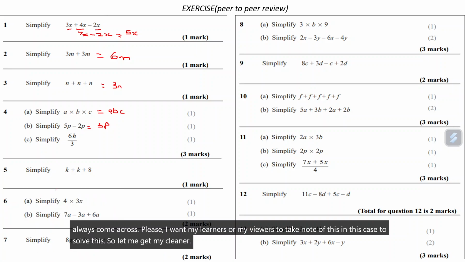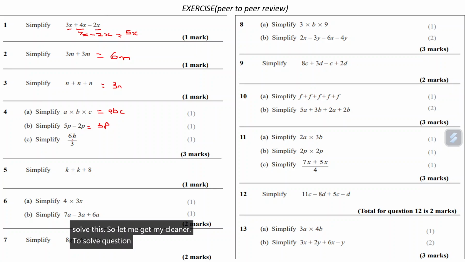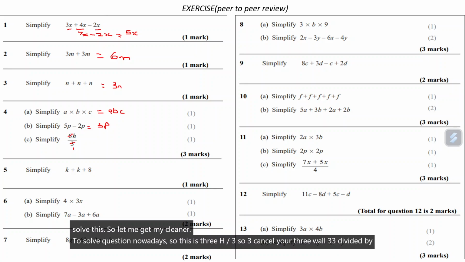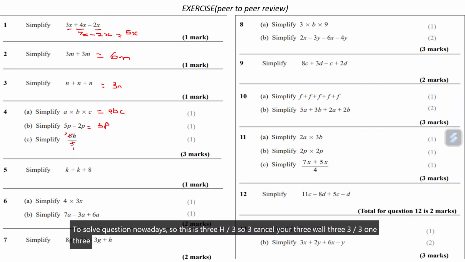To solve question one, this is 3h divided by 3. So 3 cancels here, 3 divided by 3 is 1, 6 divided by 3 is 2. So at the end of the day, this is the answer, 2h.